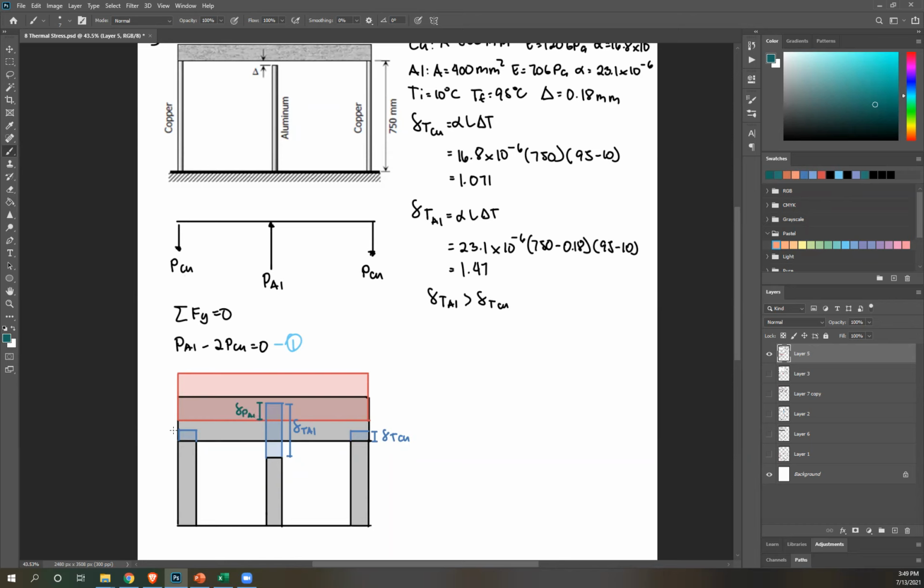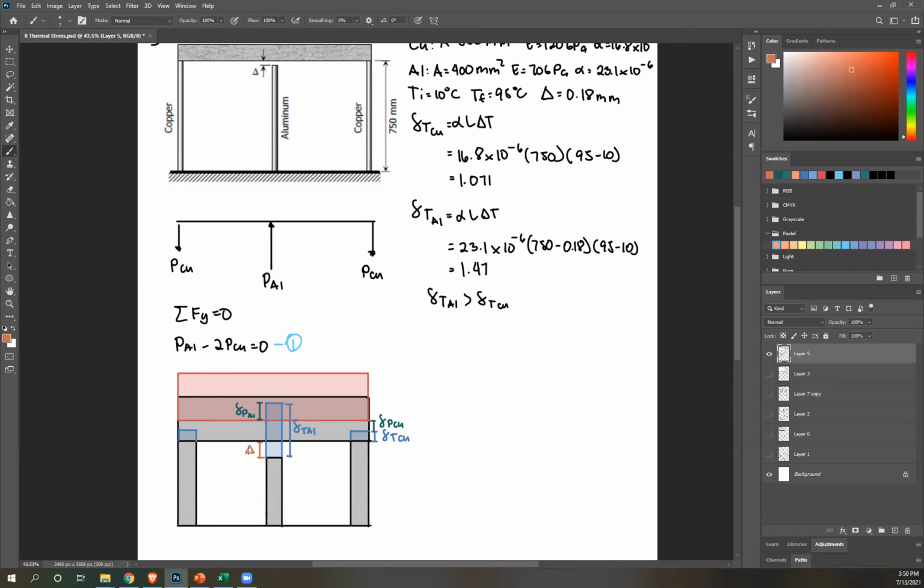And then I need an applied force pulling it upward here, and that is your deformation due to applied force for copper. And this is the gap before anything else happened, and that's your delta.